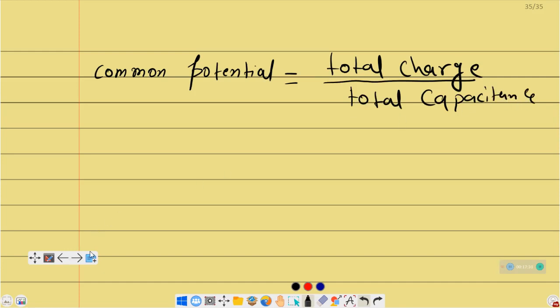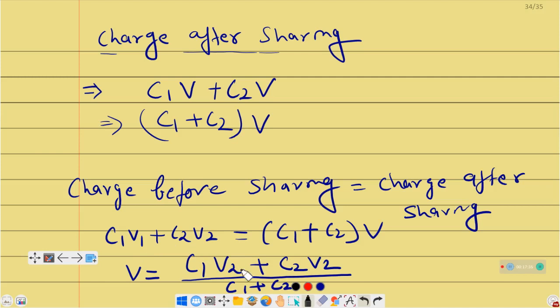You can see here C1 V1 plus C2 V2. CV is the charge. So here is the charge of the first capacitor plus the charge of the second capacitor, upon the capacitance of the first capacitor plus the capacitance of the second capacitor. So here it is the total charge and here is the total capacitance.